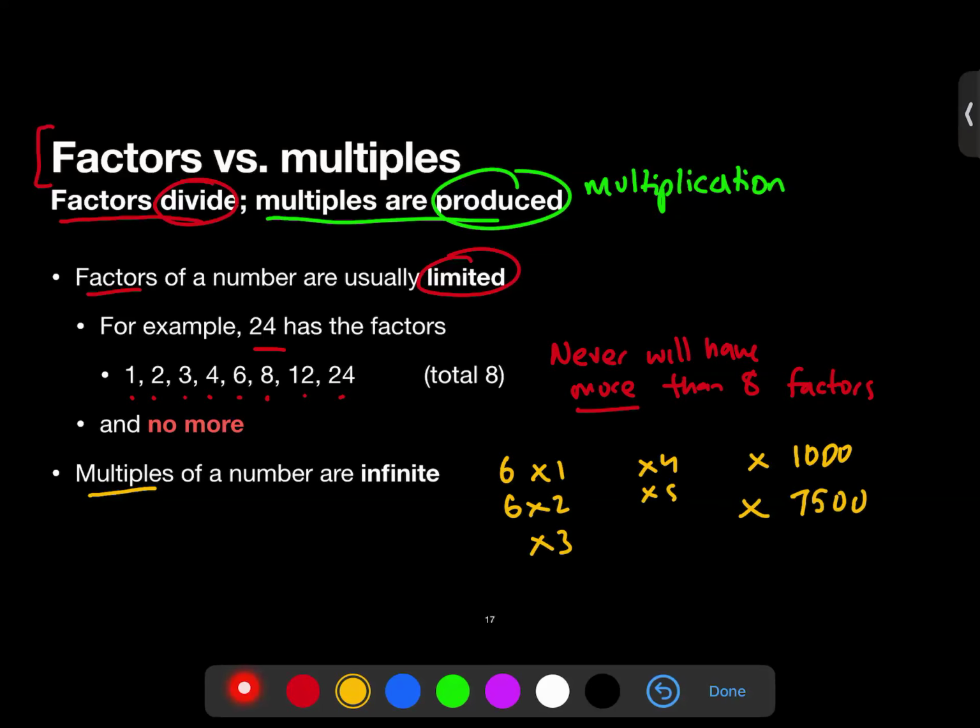It'll go to infinity, right? It'll never end. So factors are limited and multiples are infinite, so not limited, right?